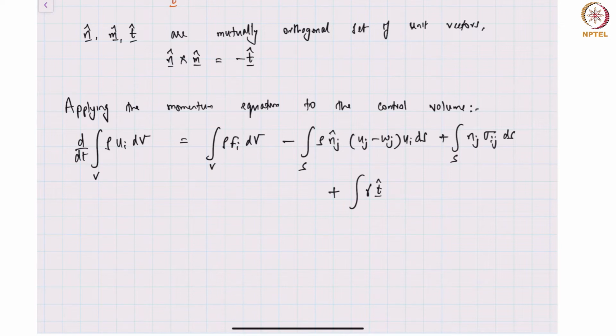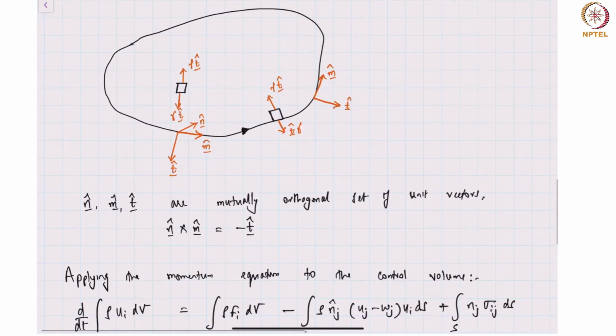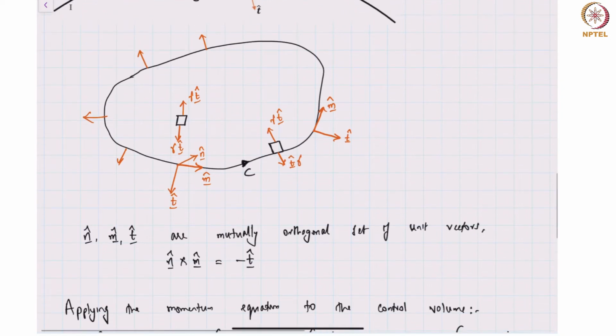Let's quickly look at where this force is acting. This force is acting all along this contour. So if I were to take this contour C in this figure, it is being stretched in all directions, not necessarily equally.